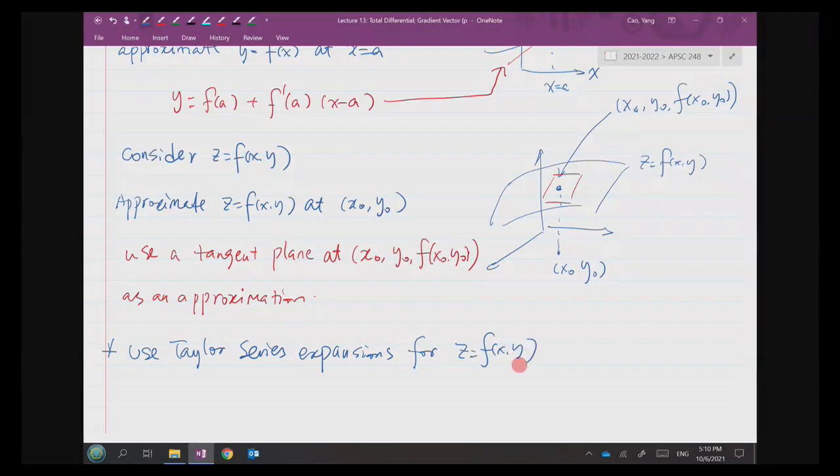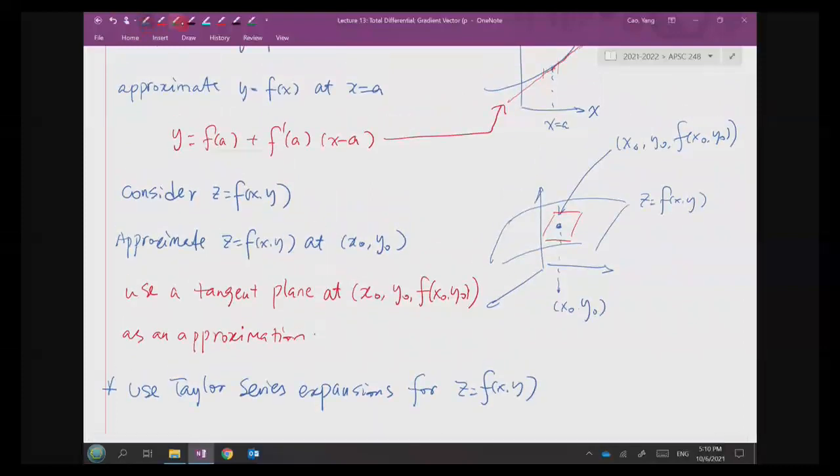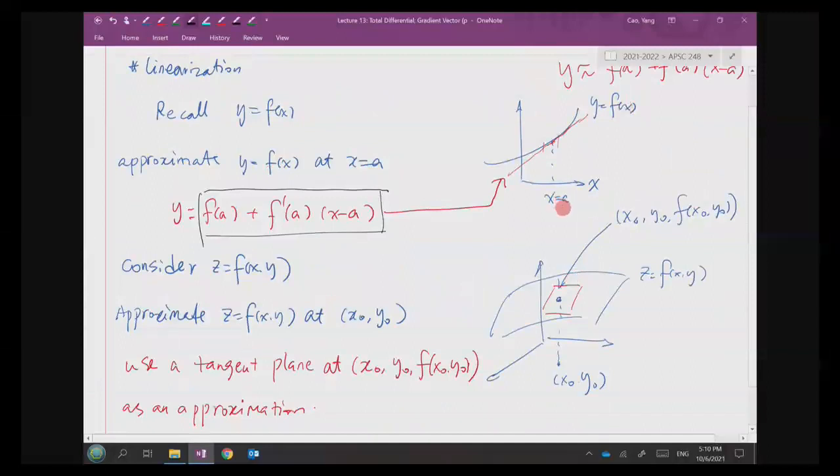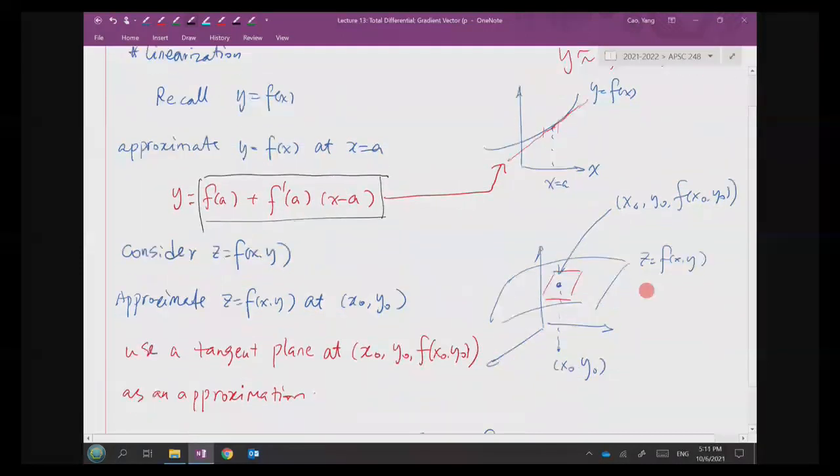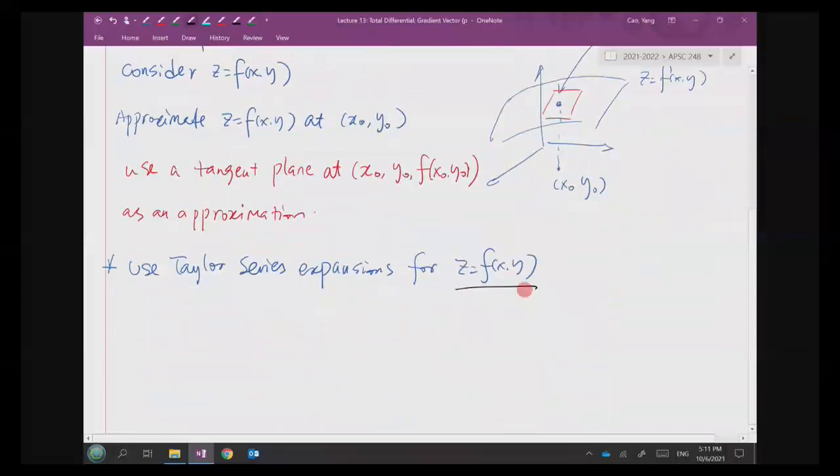You have learned Taylor series expansion for functions of a single variable. As a matter of fact, the right side of this approximation of the line equation is actually the Taylor series expansion of a function f of x at x equal to a, taking only the first two terms and neglecting the higher order terms. Then you're left with just this straight line equation. Similarly, given a function of two variables, you can also expand it using the Taylor series expansion approach.